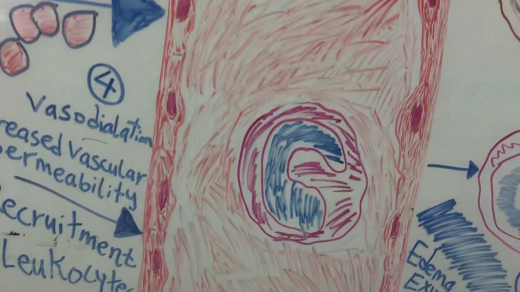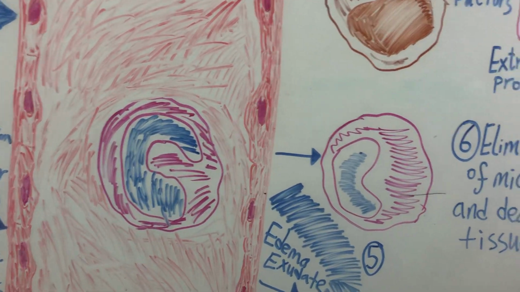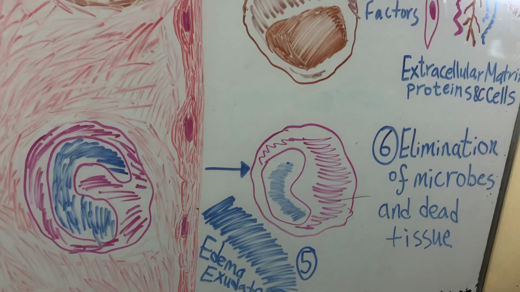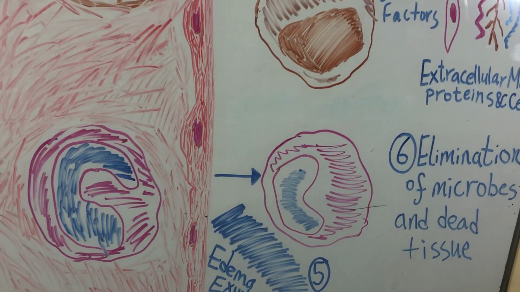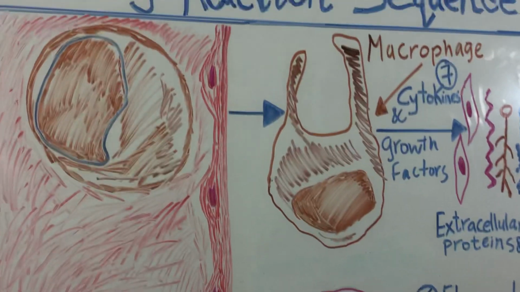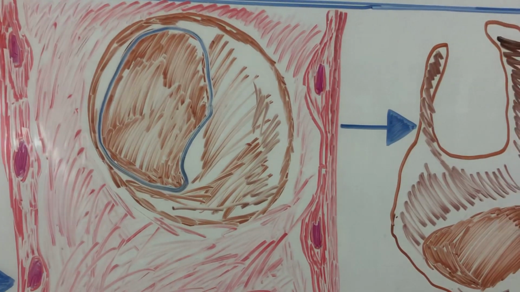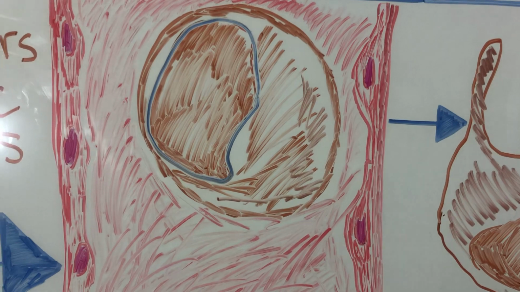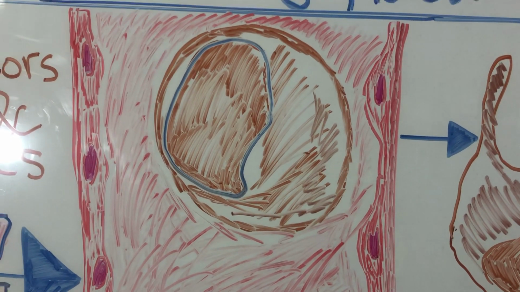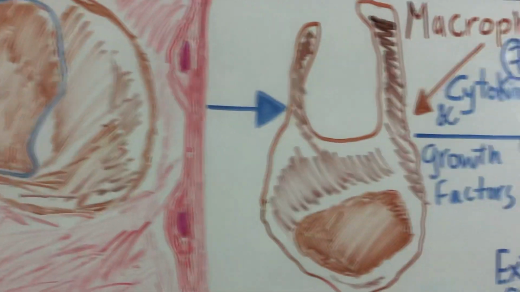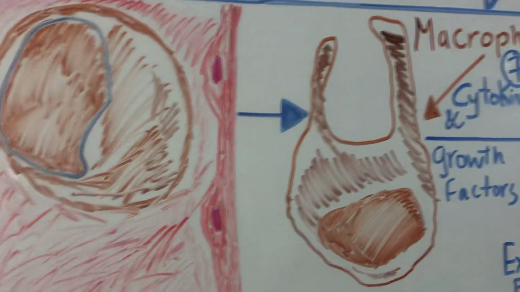Then the next step after edema is, as we said, the elimination of microbes and dead tissue by these neutrophils and the macrophages. You have to understand that macrophages are not circulating in the blood as macrophages. They are circulating as monocytes, but once they leave the blood, they differentiate into macrophages.